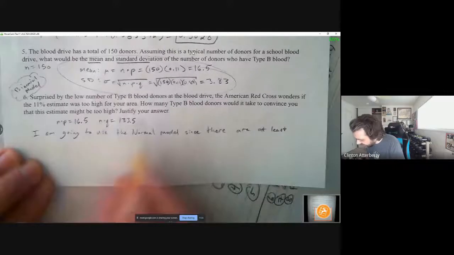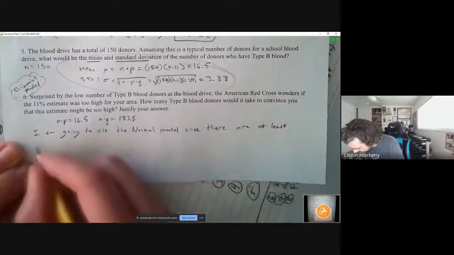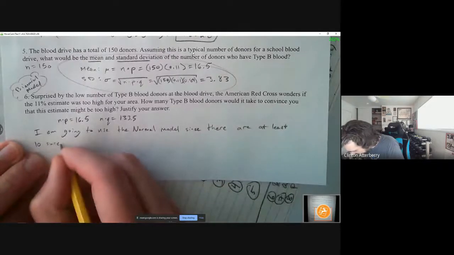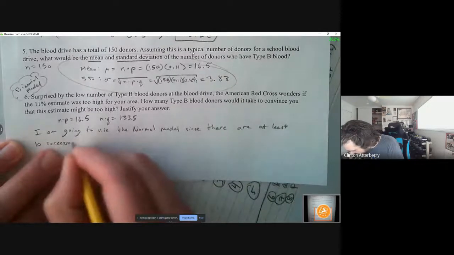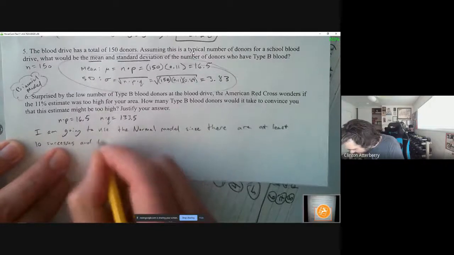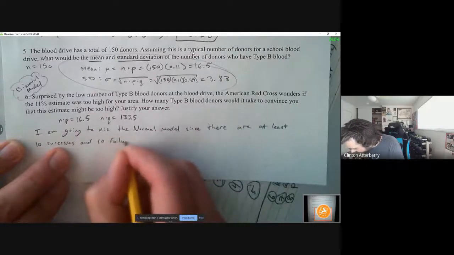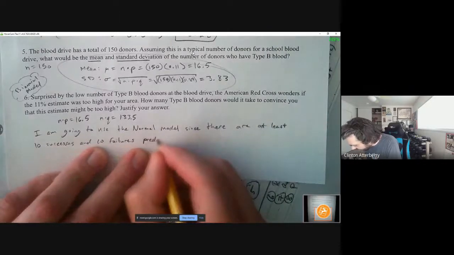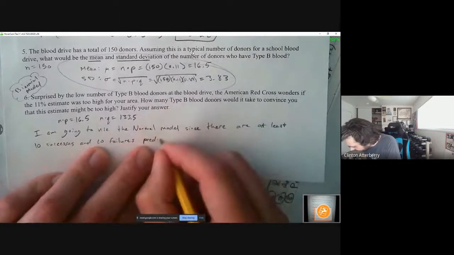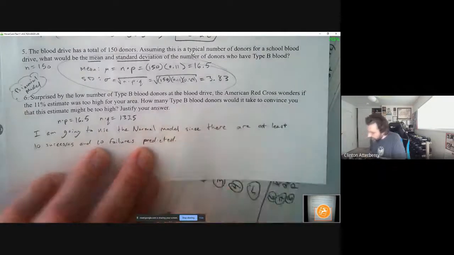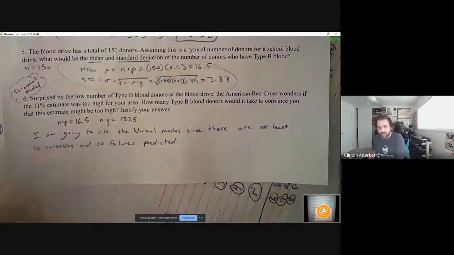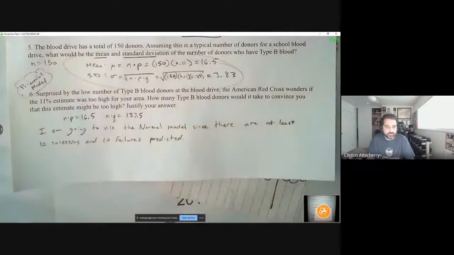Since there are at least 10 successes and 10 failures, and I'm going to put predicted here at the end to say this is just my prediction based off the numbers we have. So I'm going to use a normal model since there are at least 10 successes and 10 failures, predicted.